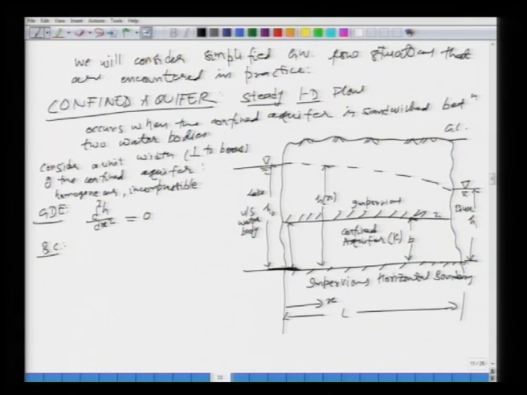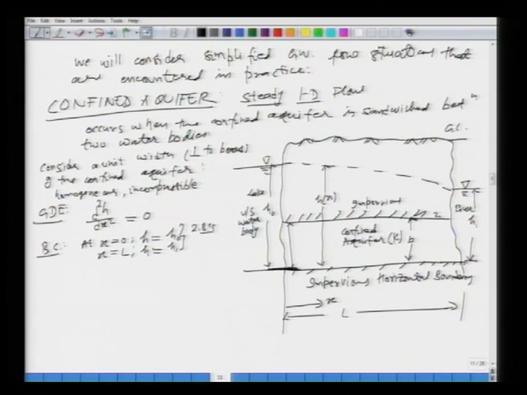So, what are the boundary conditions? Well, at x is equal to 0, h is equal to h 0. Similarly, at x is equal to L, at a distance of L, h is equal to h 1. So, these are the two boundary conditions which we need.